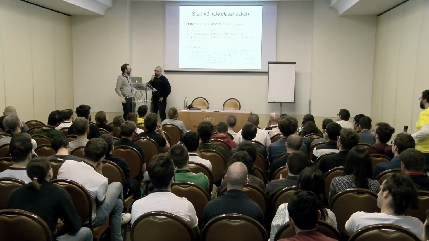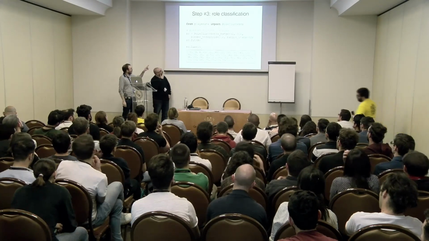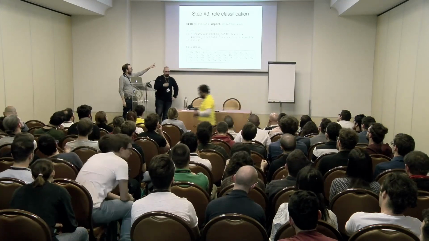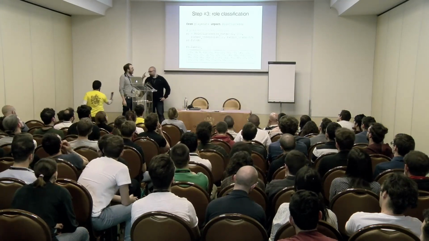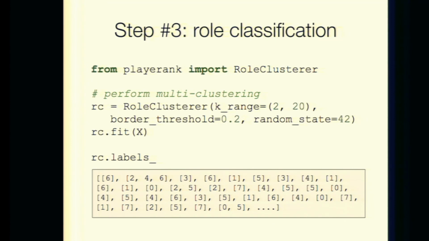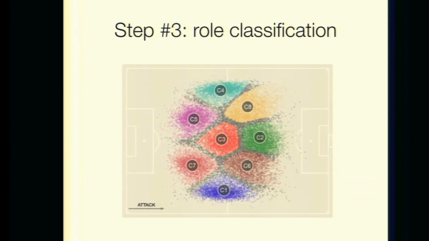As you see from this line of code, we use a parameter that is k range. So we specify k ranging from 2 to 20, and we instantiate the method that finds the best k according to the positions we give to the method. So 8 is the best split among all the different possibilities the algorithm is checking.